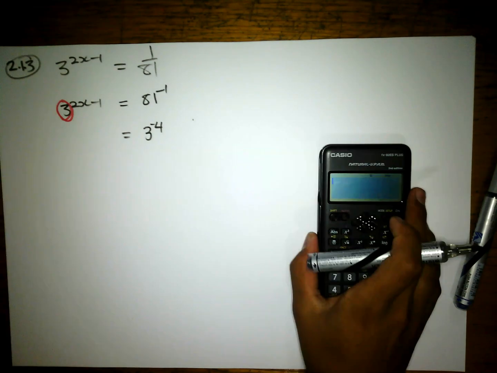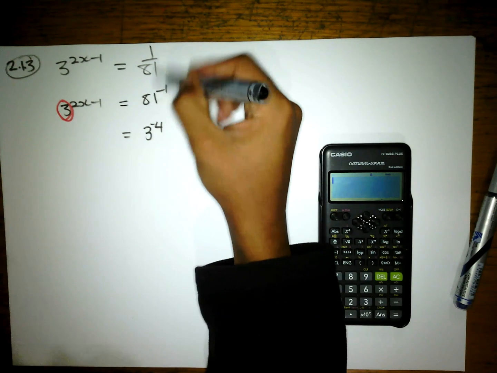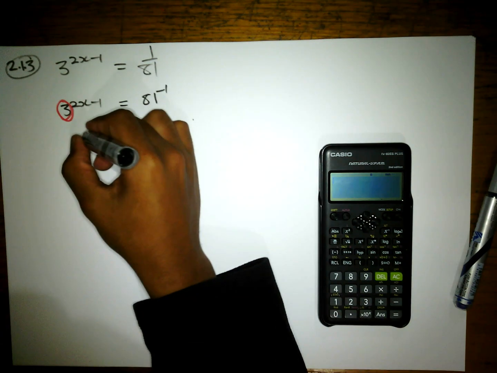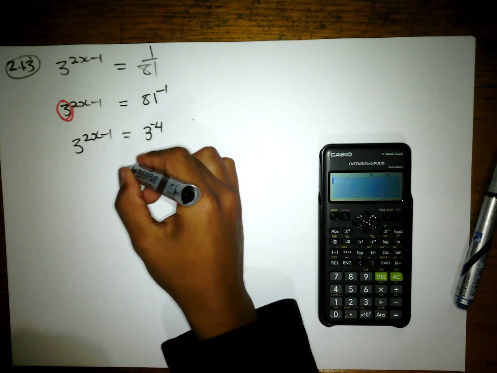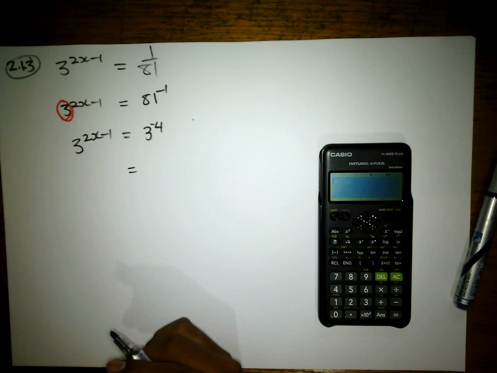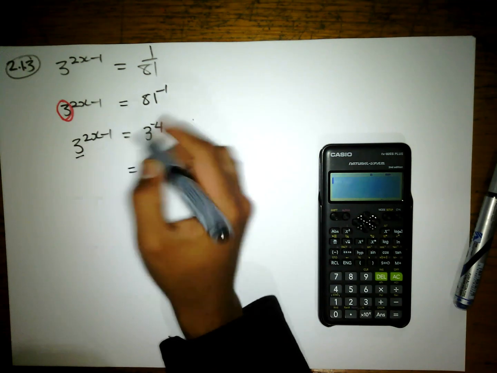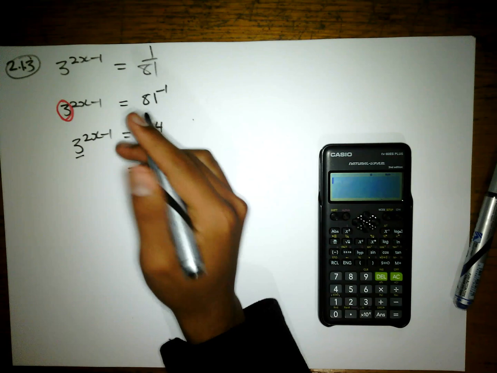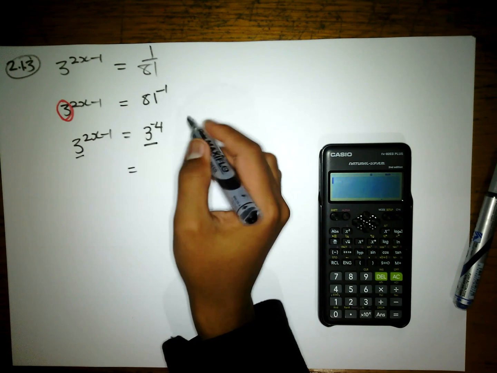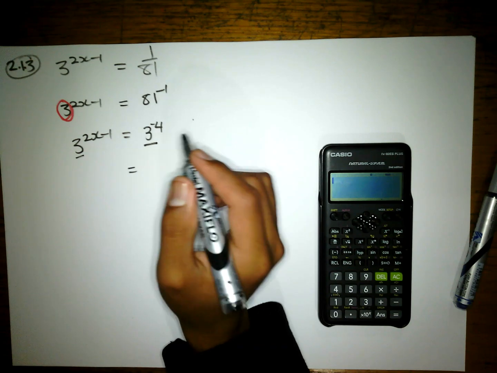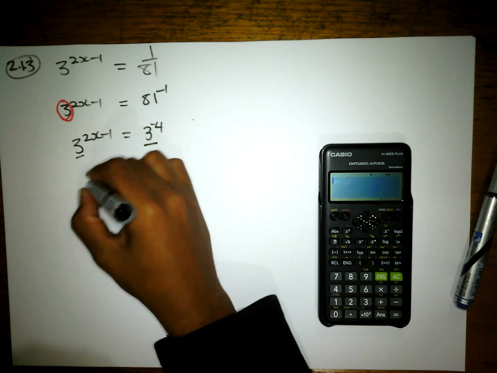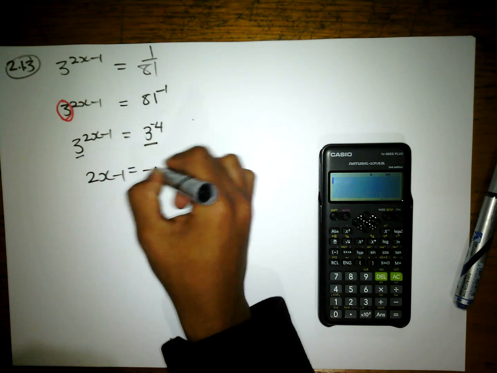In mathematics, this is all the same number, all the same value. So 3 to the power 2x minus 1. If you remember what I said, when your bases are the same and equal to each other, meaning there's no extra things in between, there's no plus 1 here or anything, you can set the exponents equal to each other as well. So 2x minus 1 equals minus 4.